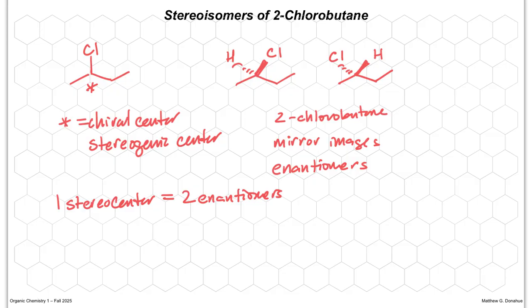So every one stereo center can generate 2 enantiomers. As we proceed through this, it's kind of straightforward in a way, but then we end up with molecules that have a little bit of weirdness to them due to other symmetry elements present. And so there's going to be a lot of terms that we start using under the concept of stereochemistry.